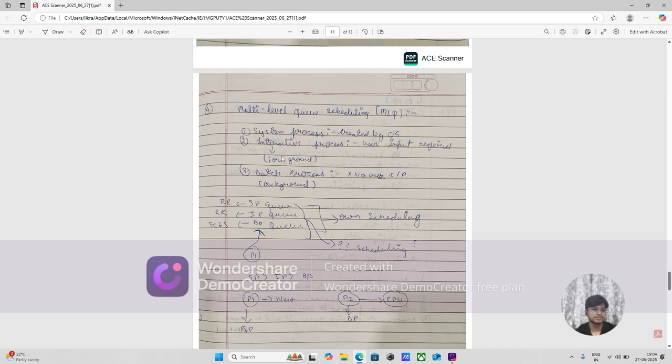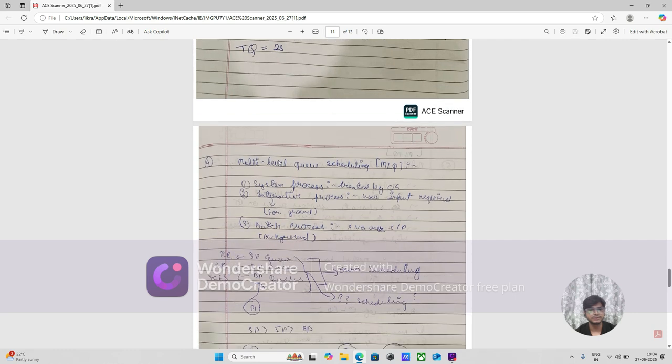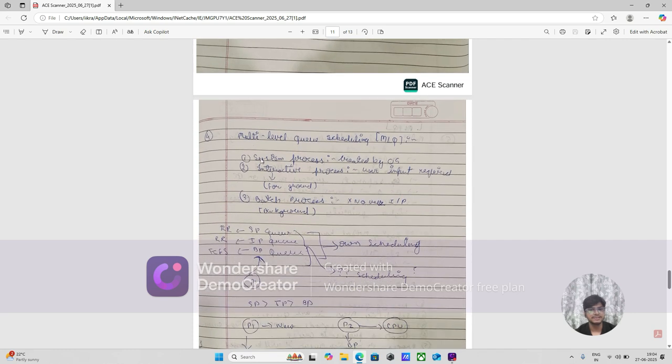Before, we were just applying the process directly, but now we first divide processes into three: system process created by the OS, interactive process, and batch process.